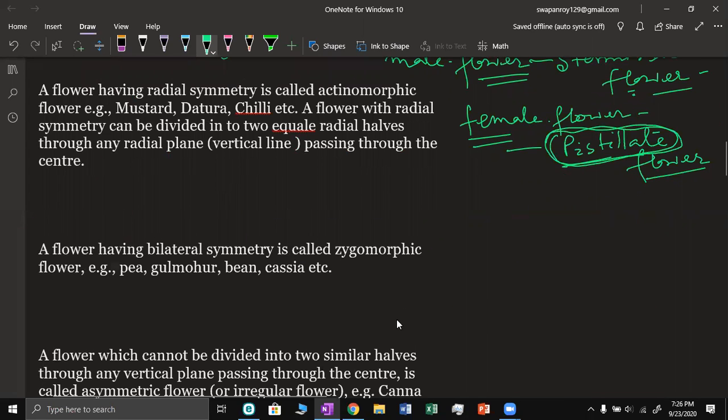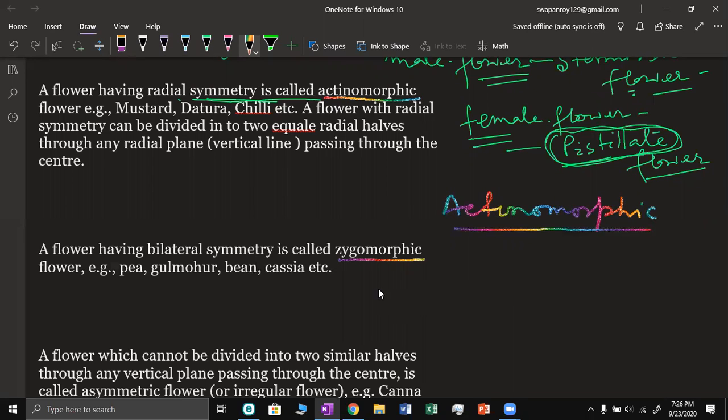Then we come to the symmetry of the flower. A flower may be actinomorphic or zygomorphic.